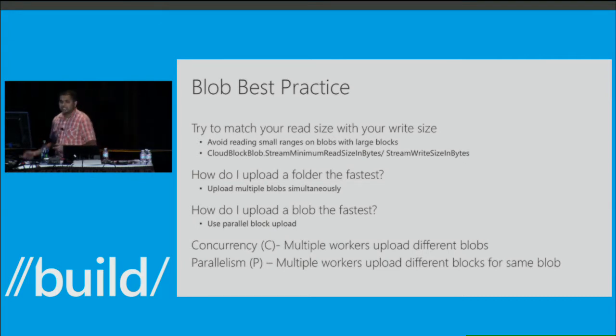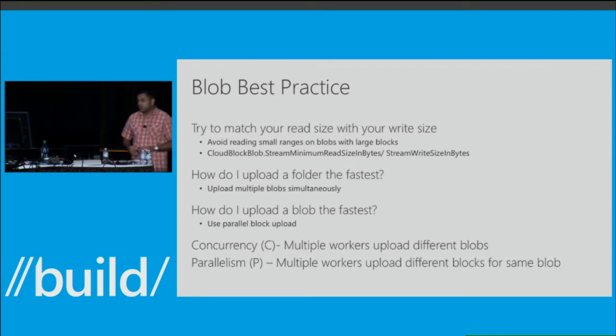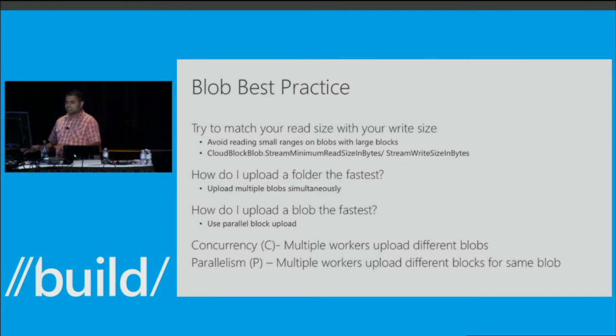The two questions that we get asked pretty frequently are, how do I upload a single blob the fastest, or how do I upload a lot of blobs in my container the fastest? To explain these two, the next two slides would do justice to it, but I want to introduce two terms. Concurrency is multiple workers, how many workers you have, uploading different blobs.